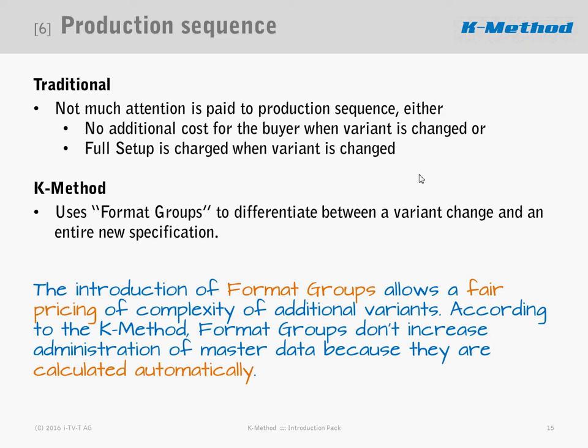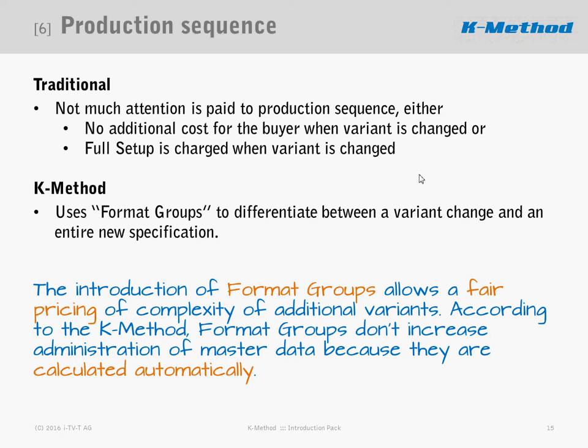So what you need to do is identify format groups. It means groups which need to be produced in a cluster, because the items between them only require a change of the format, a cliche, a printing plate, or some small tool, and you will have setups only at the beginning of the production of a format group.